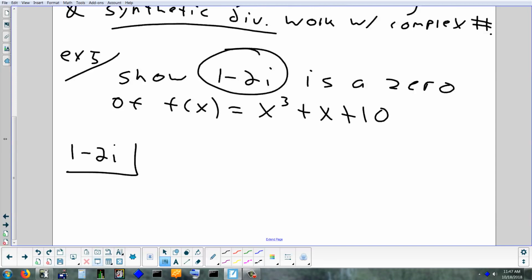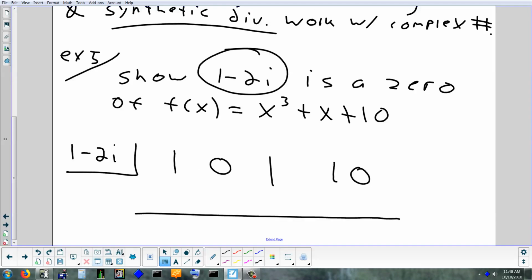And it's not too bad because it's only cubed. It's not like it's to the 5th or 6th power. If that was the case, this would be pretty bad. But cubed is as high as you would ever have to worry about. And the numbers are going to be pretty easy. 1, 0, 1, 10. At least those numbers are pretty easy.